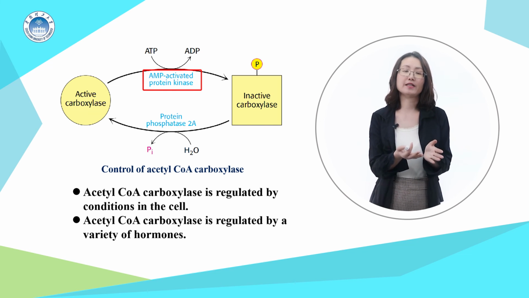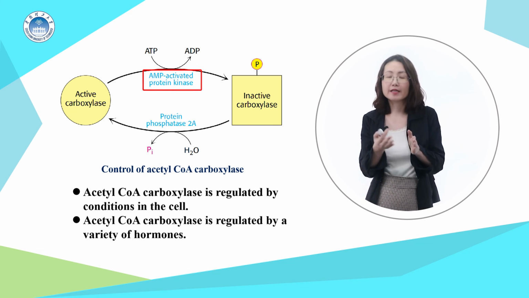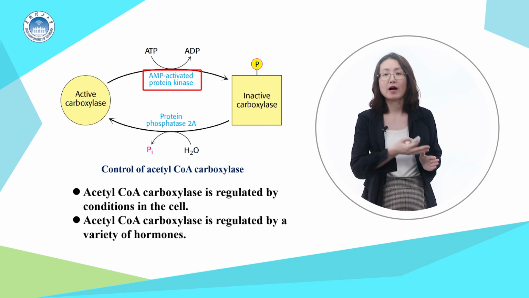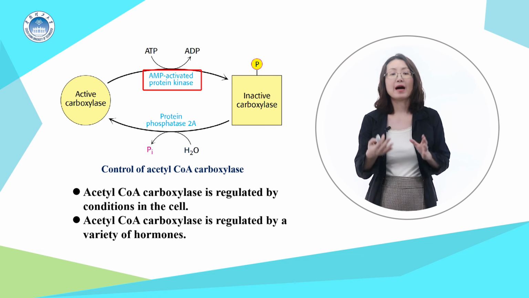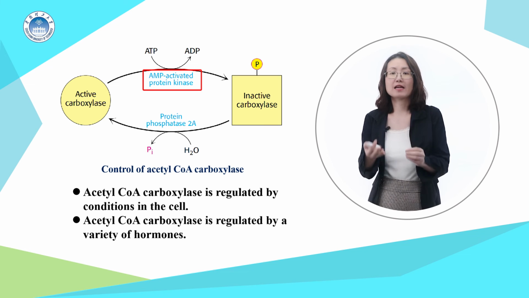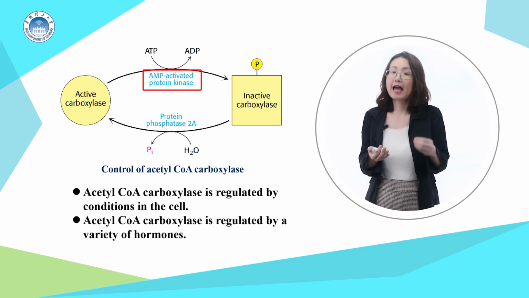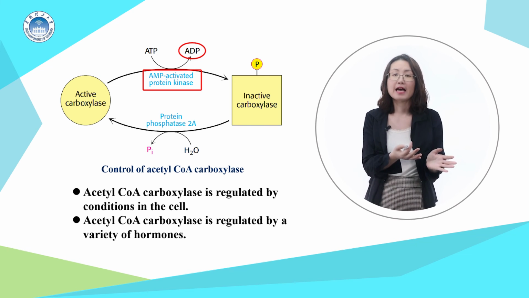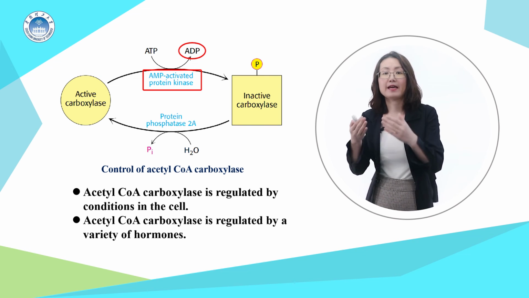AMP-activated protein kinase, short for AMPK, converts the carboxylase into an inactive form by modifying 3 serine residues. AMPK is essentially a fuel gauge, so it is activated by AMP and inhibited by ATP.